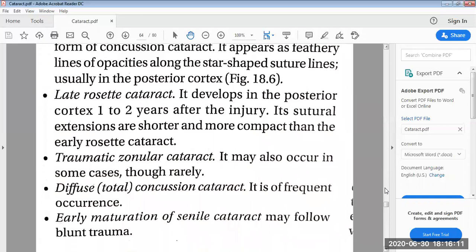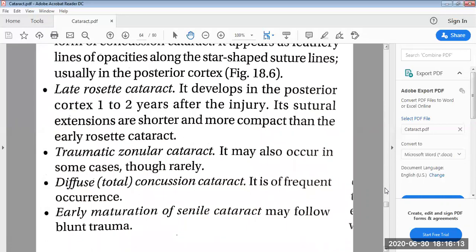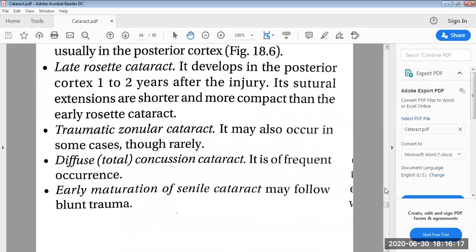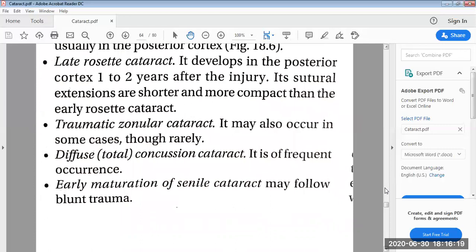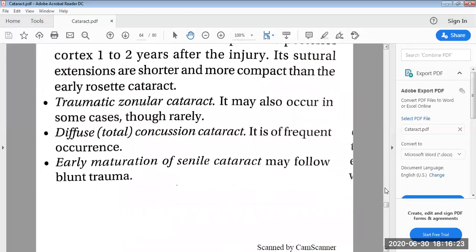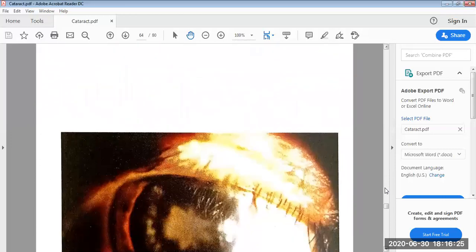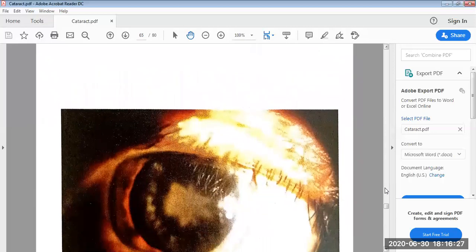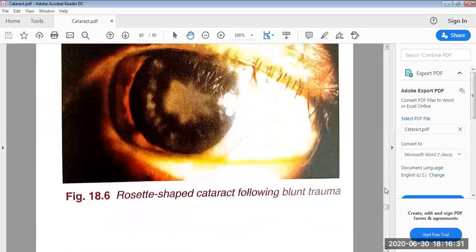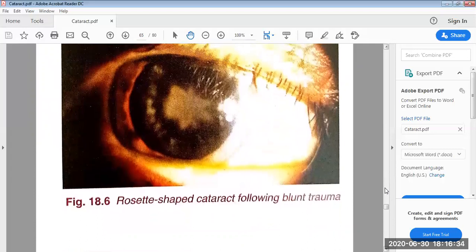Next is the diffuse or total concussion cataract. It is of frequent occurrence. The next type is the early maturation of senile cataract. It may follow the blunt trauma. Here is an image of the rosette shaped cataract following the blunt trauma.